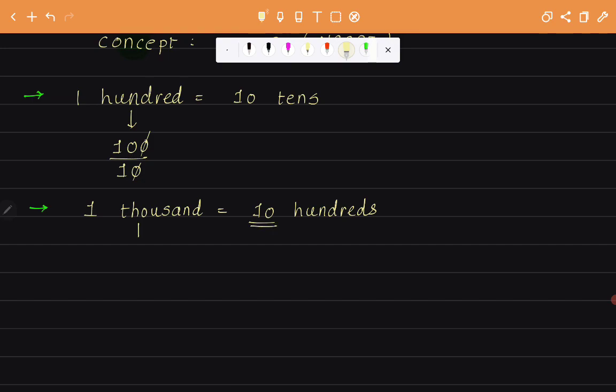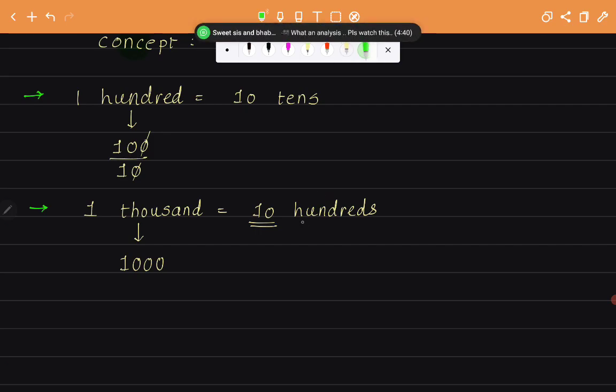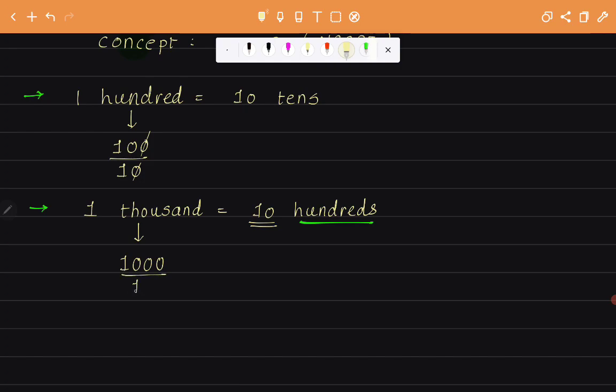So write down 1000. We are talking about hundreds, so we will divide this 1000 by 100. The 0s cancel, and now your answer is 10.